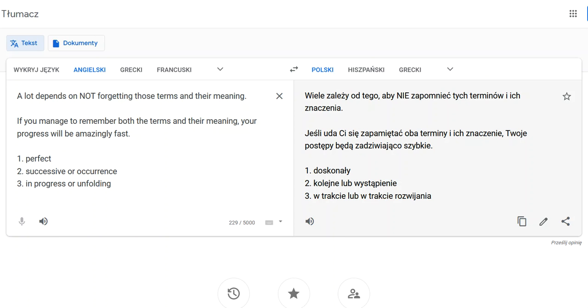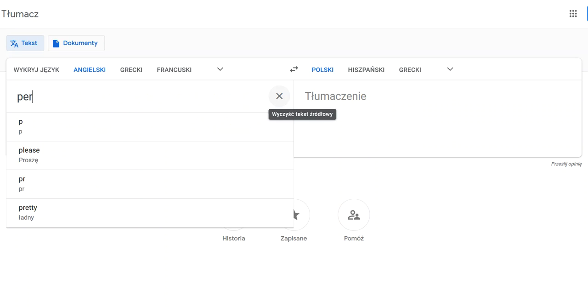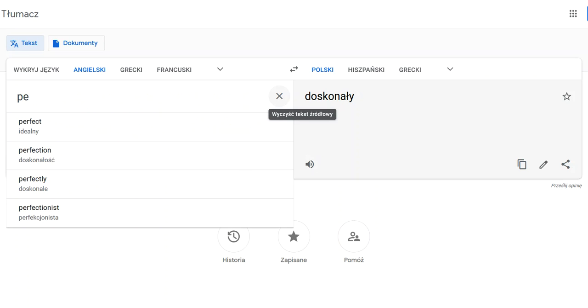Okay, that's what we have learned today. Very important. So perfect is, I want to repeat again what perfect means.